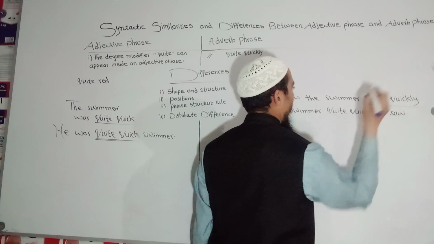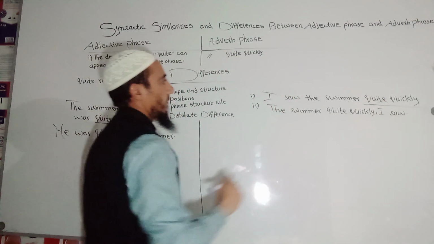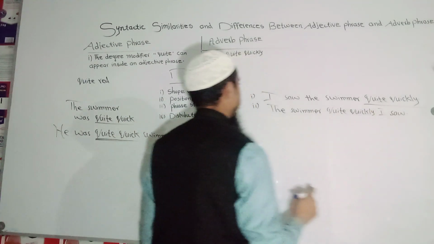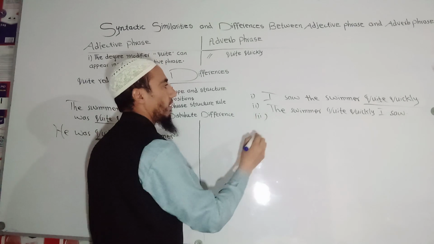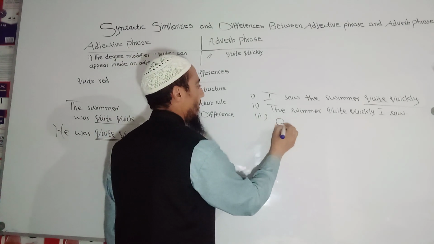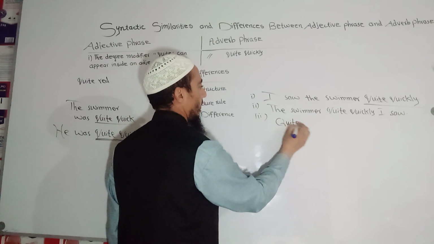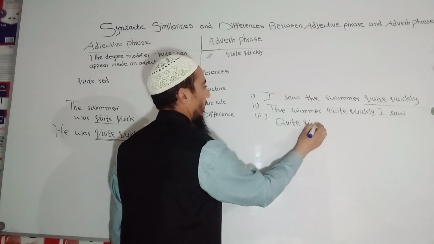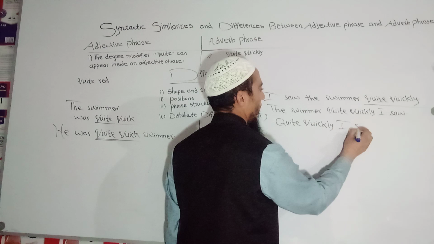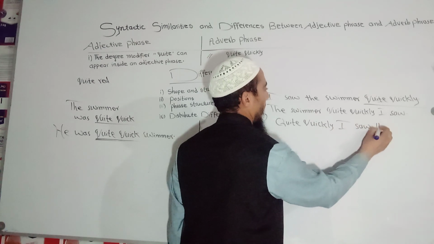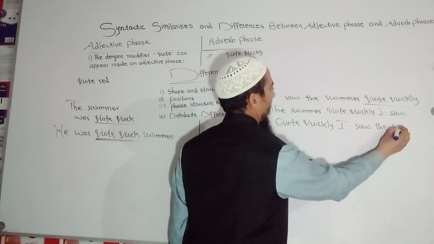No need for a comma, etc. The third one: quite quickly, I saw the swimmer.